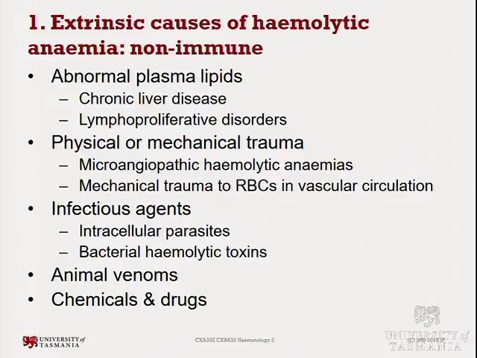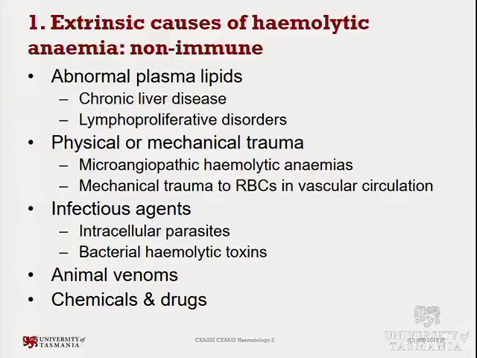So when we're looking at non-immune causes of hemolytic anemia, again, we've got a number of suspects. The first of these is abnormal plasma lipids. So there are two main ways in which we can result with abnormal plasma lipids in the body. The first is through chronic liver disease, and we've already looked at chronic liver disease when we were looking at our macrocytic anemias.